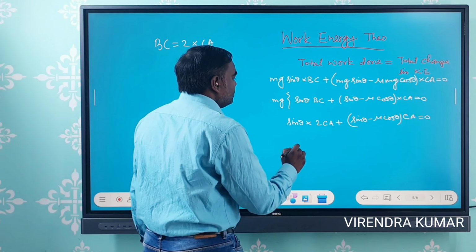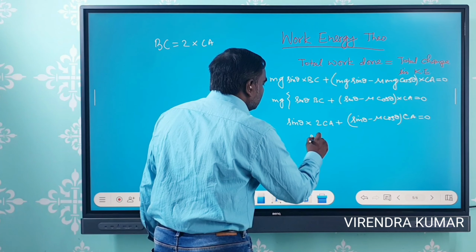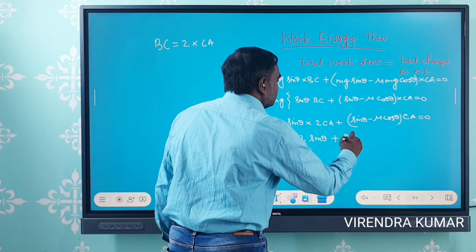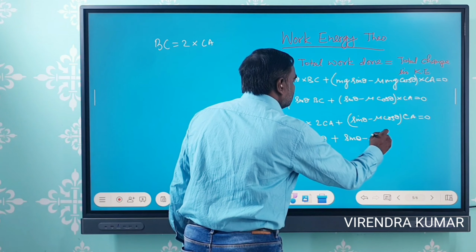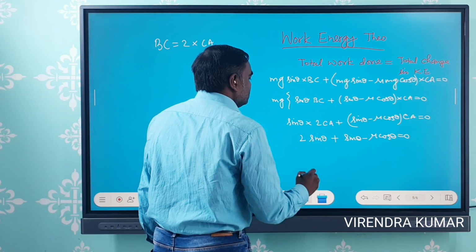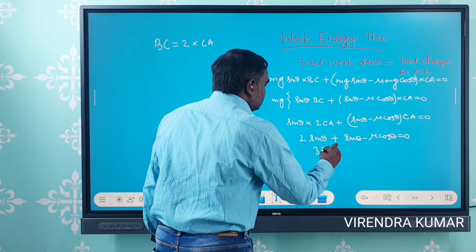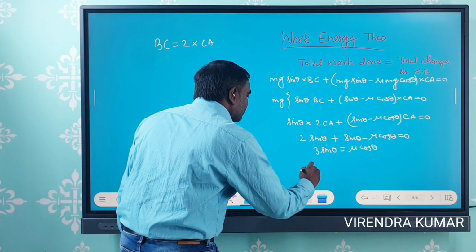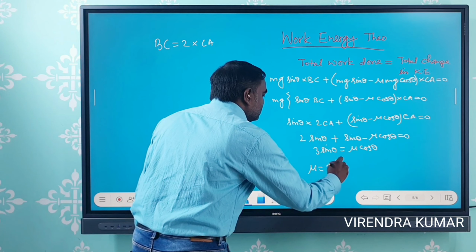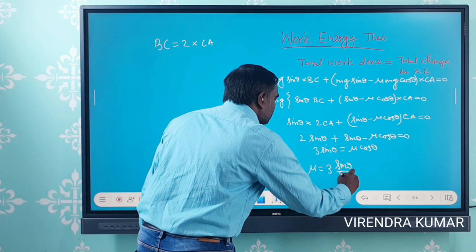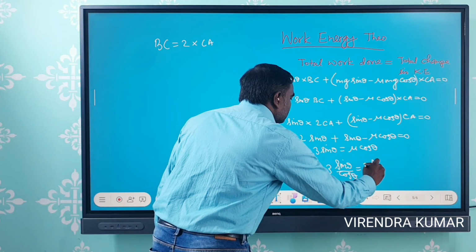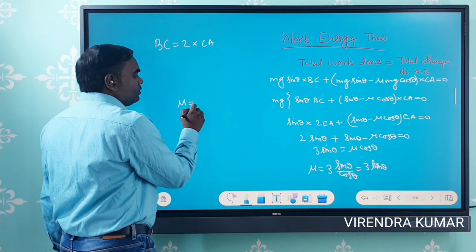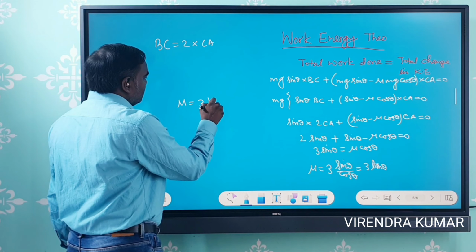CA will be common and eliminated. So 2 sin theta plus sin theta minus mu cos theta is equal to 0. Therefore 3 sin theta is equal to mu cos theta. You can see that mu is equal to 3 sin theta upon cos theta, that is 3 tan theta. So finally we have mu equal to 3 tan theta.